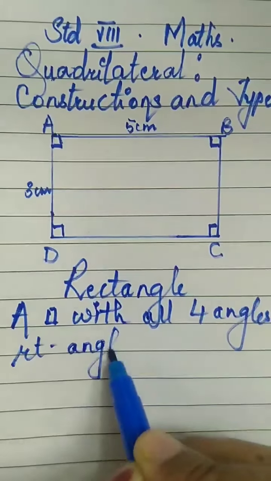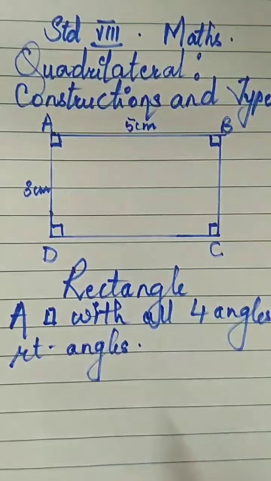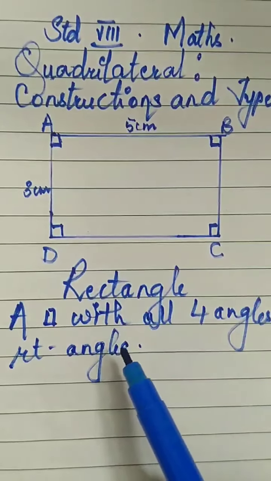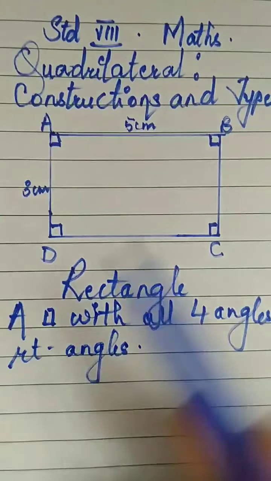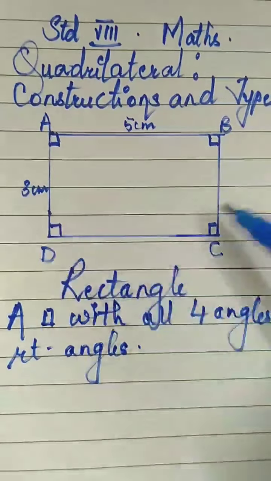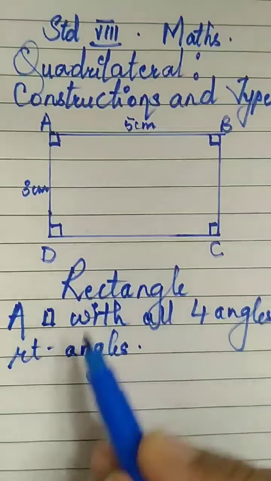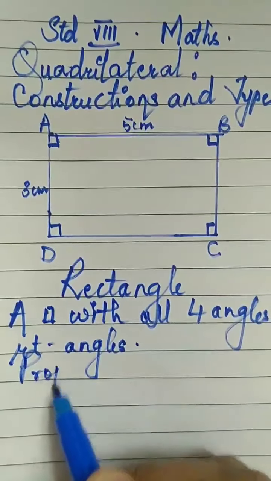Right angle, rectangle. Like that you have to remember the definition of a rectangle. Whatever we learnt, that opposite sides are congruent, is one of the properties of a rectangle.